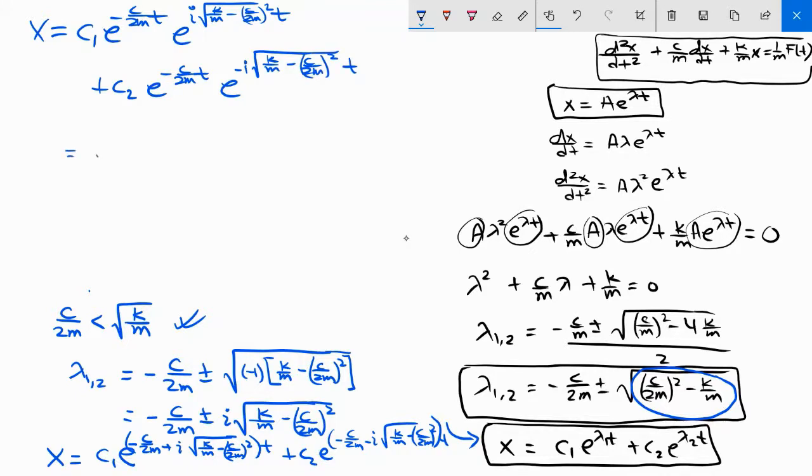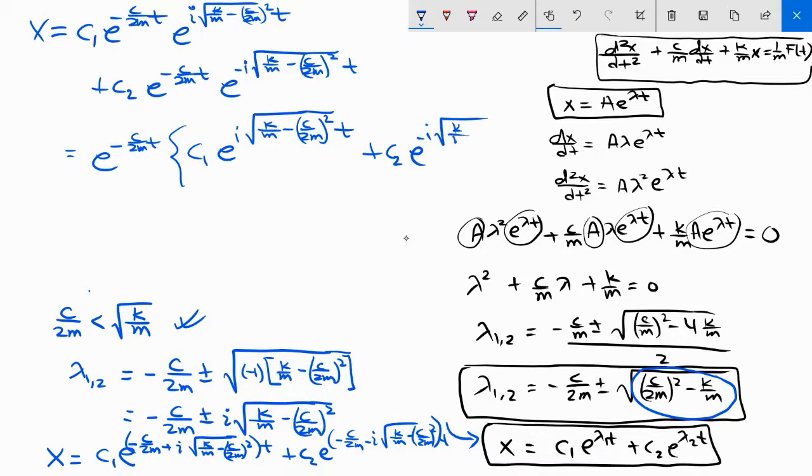So here we can take e to the power minus c over 2m t as a common factor, and we get c1 e to the power i square root of k over m minus (c over 2m) square t plus c2 e to the power negative i square root of k over m minus (c over 2m) square t.